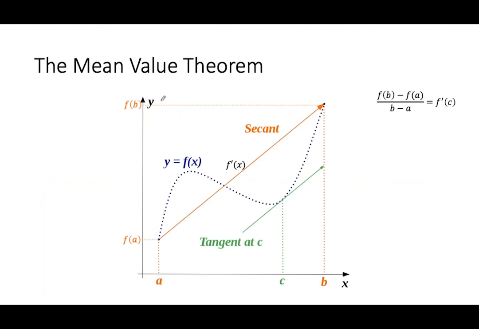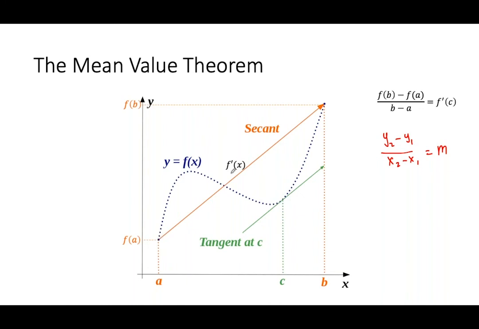So let's look at this graph. As we can see, f prime c is the same as the slope formula, y2 minus y1 over x2 minus x1, which is equal to the slope. So if we draw this tangent line, it will have some slope.